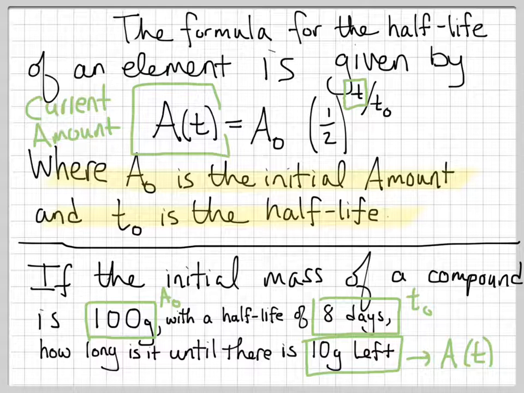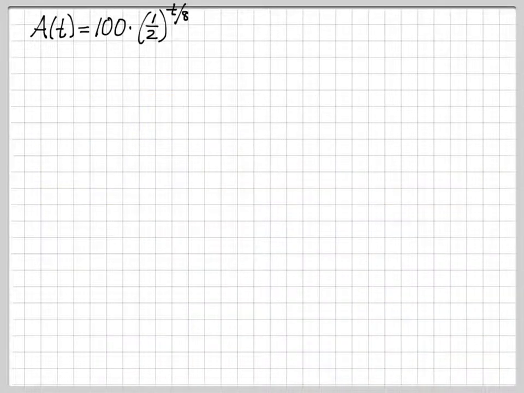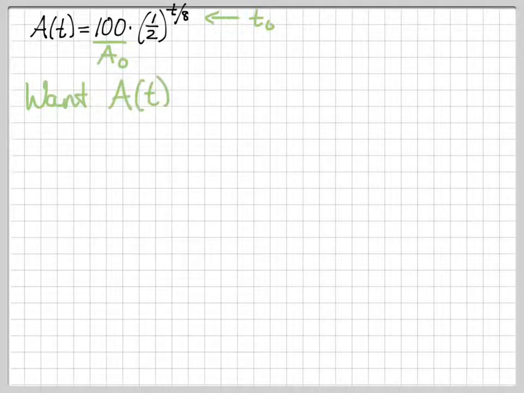So let's go over to the next page. Here I've set up the equation. A of t equals 100, right, there was your A0, times 1/2 to the t over 8, 8 was your t0, and we want A of t to be 10.